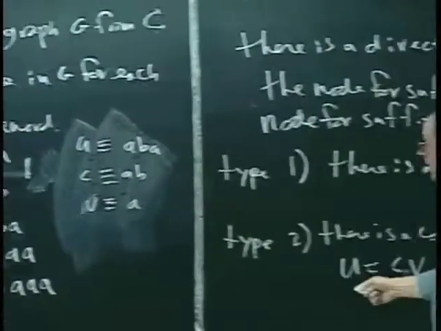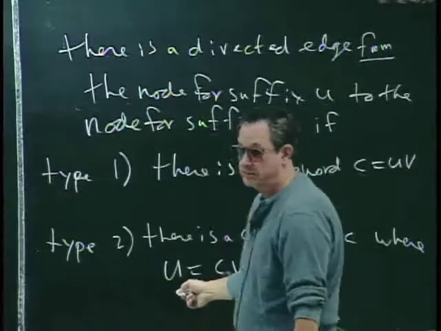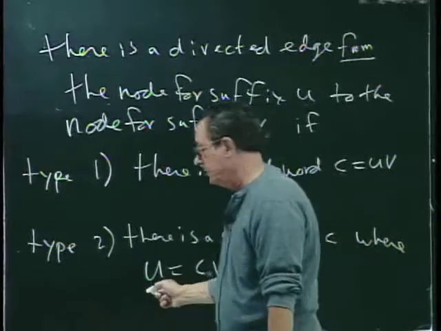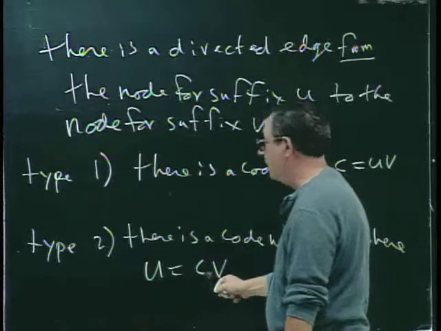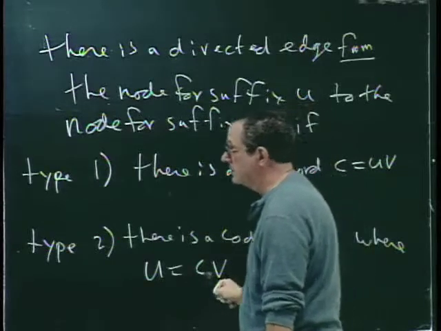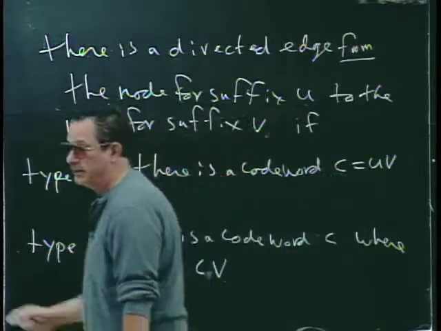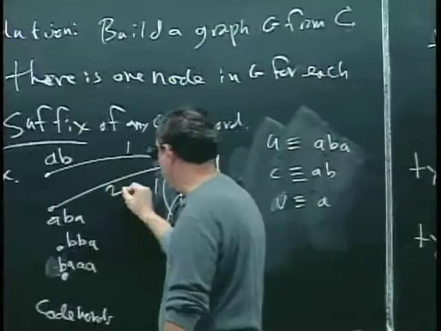So ABA, which is a suffix, it's a trivial suffix, but it is a suffix, is equal to C, which is a code word, AB, followed by another suffix, which is A. So it looks like that's a type 2 rule.